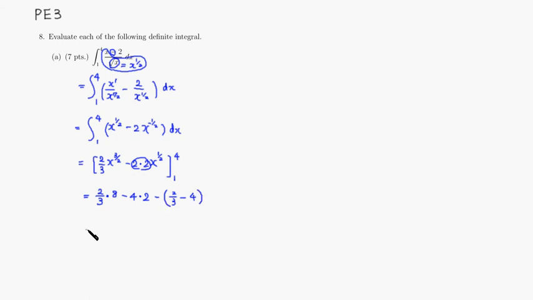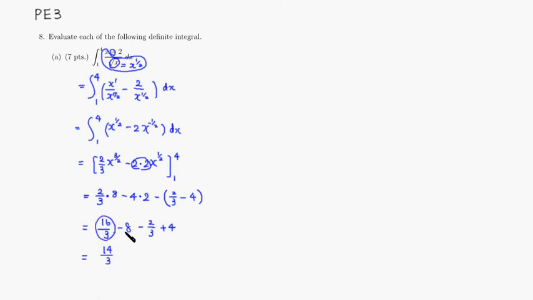So what we get is 2 over 3 times 8, which is 16 over 3, minus 8. Here is minus 2 over 3, and a minus, so it's a plus 4. Combining these two, 16 over 3 minus 2 over 3 is 14 over 3.